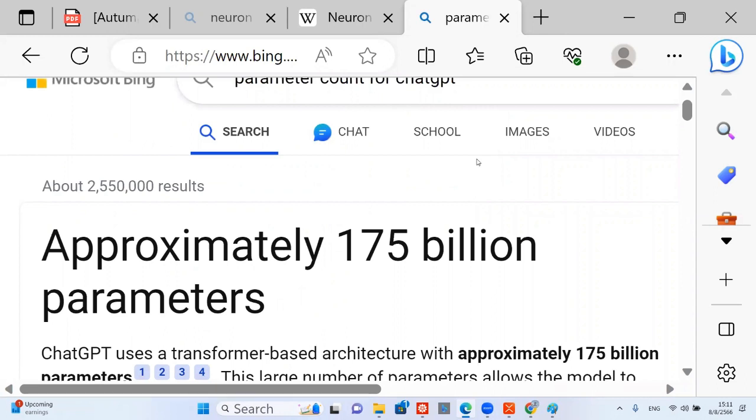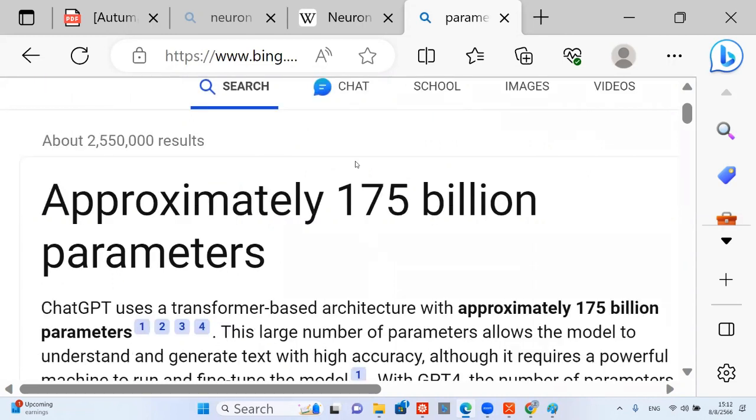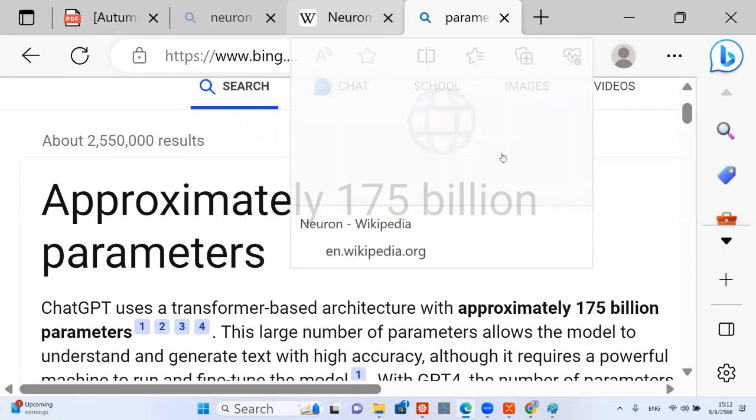I don't know how many neurons that is, because each neuron has legs, and each leg is one parameter. So if one has 10 legs, you have to divide by 10. I don't know their inner architecture, but basically, they have millions of neurons.